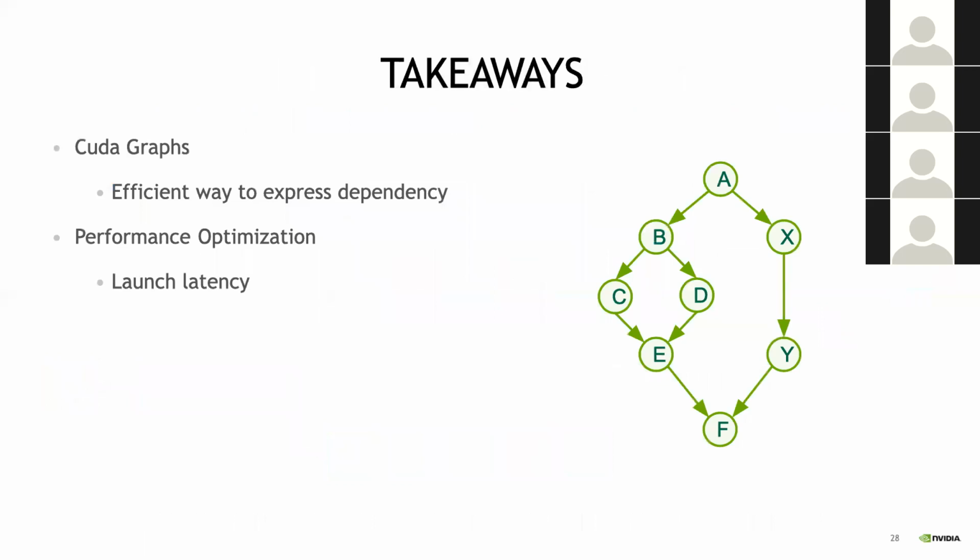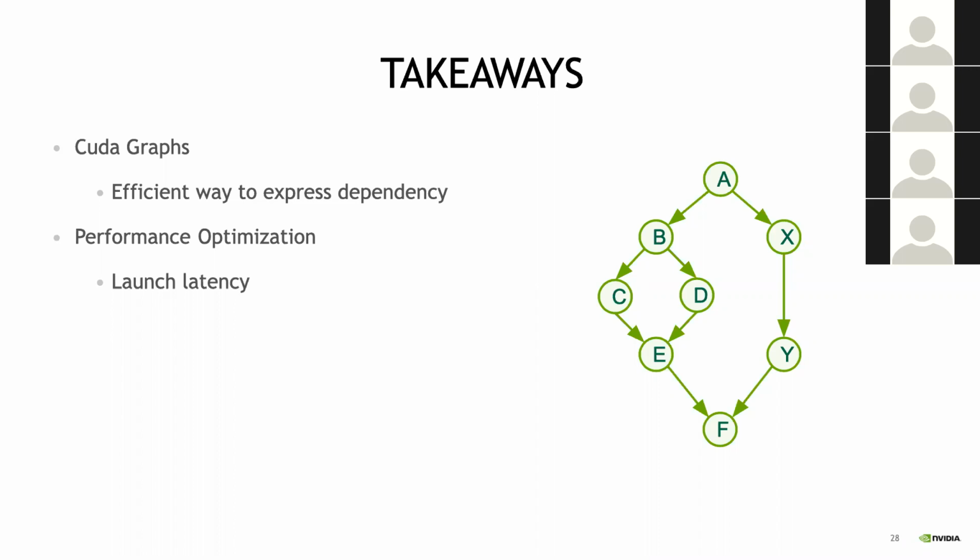CUDA Graphs has seen a bunch of new improvements and features since CUDA 10, and I didn't specifically touch on any of them in this intro. And they are linked at the end of the slides here, just a few of them.